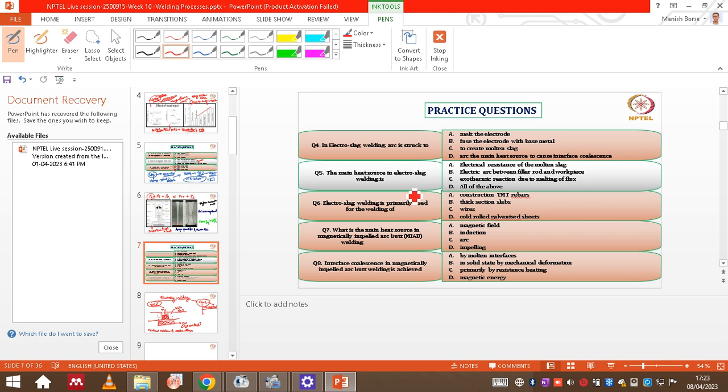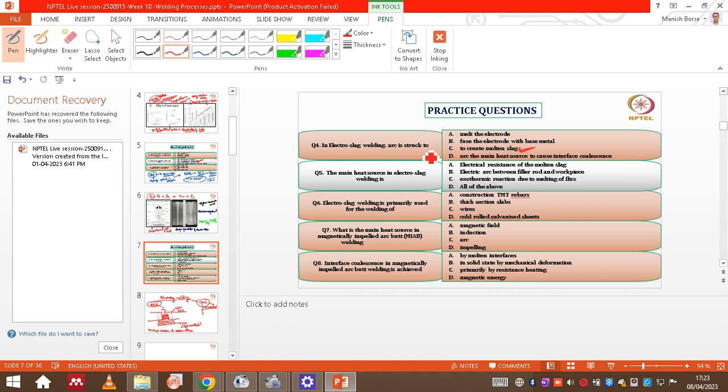In electroslag welding, the arc is struck to first initiate the process and to create the molten slag, or to melt the flux, and to form the molten slag over the flux layer. As the slag density is lower than the molten flux, it will float on the top of the surface.